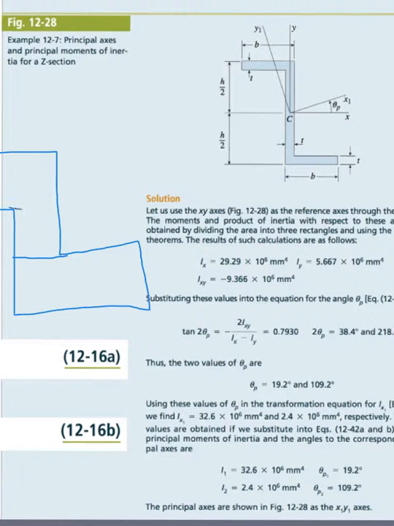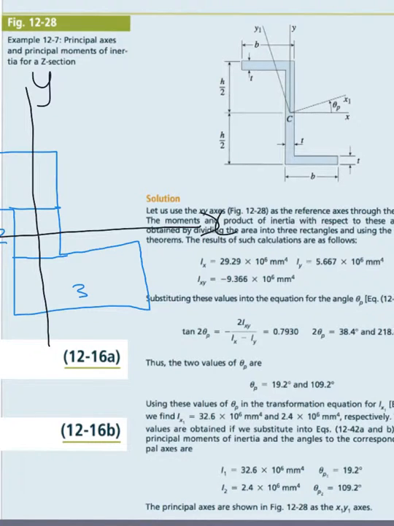That will be rectangle 1, 2, and 3. And our principal axes sitting there are y and x.